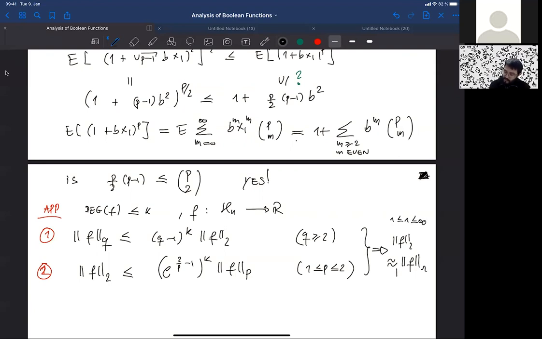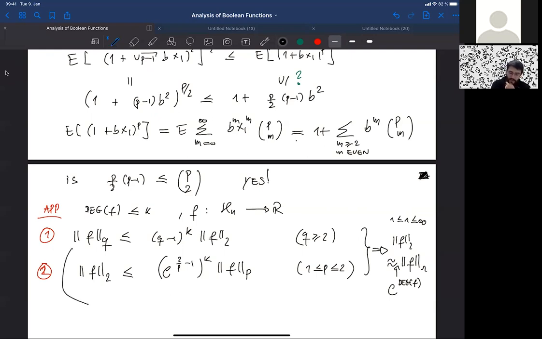And the actual constant here is just some C raised to the degree of f. This is what these two lemmas say. And these are, again, applications of hypercontractivity.